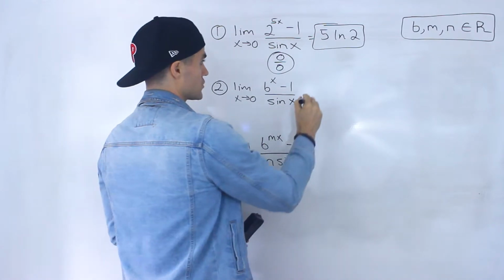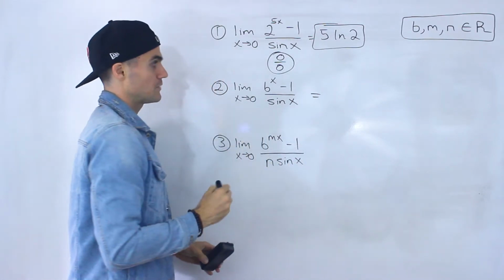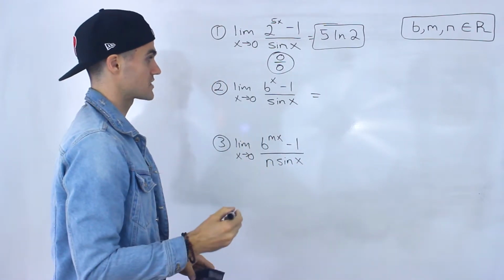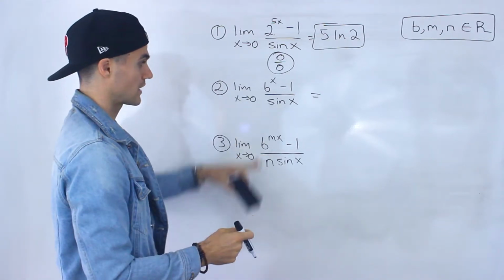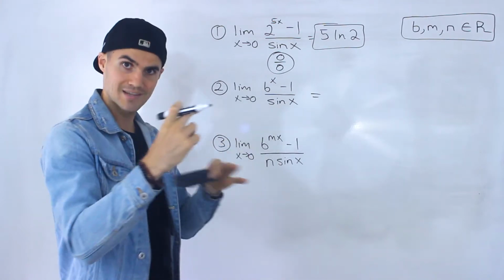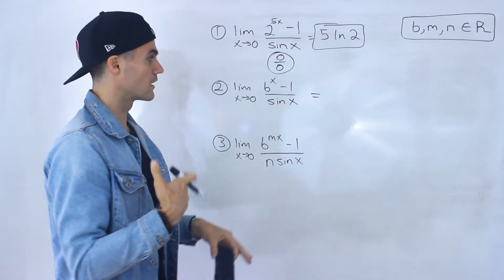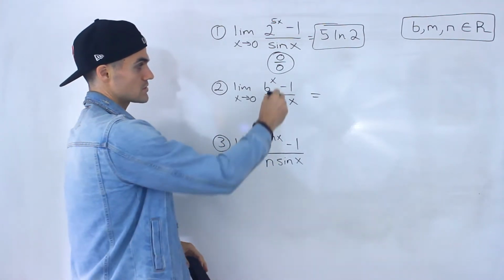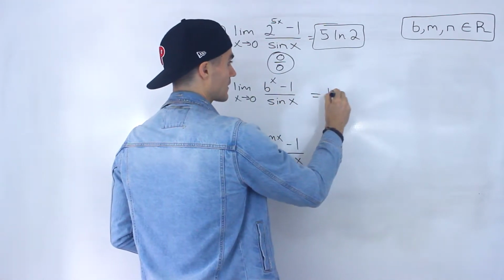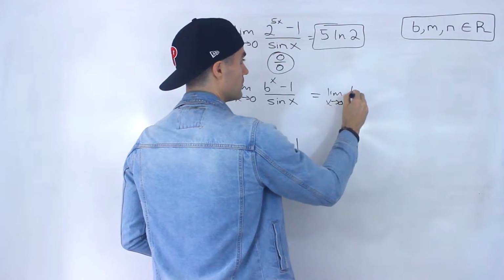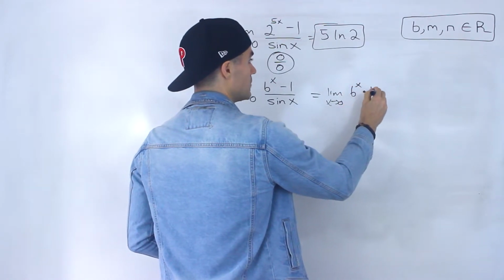And then number 2, we got the limit as x approaches 0 of b to the power of x minus 1 all over sine x. Again, we can't do a direct substitution because we're going to have 0 over 0. But because it's in that 0 over 0 form, we can use L'Hopital's rule. Taking the derivative of b to the power of x, we end up with b to the power of x times ln of b.